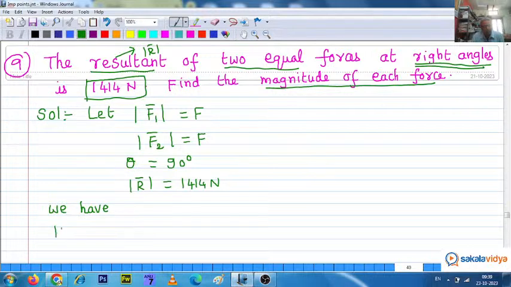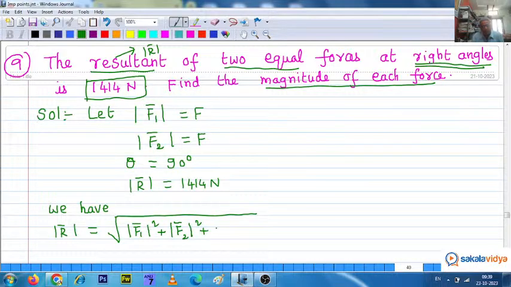See, my dear students, mod R bar equals root of mod F1 square plus mod F2 square plus 2 times mod F1 times F2 times cos theta, cos of the angle between them.